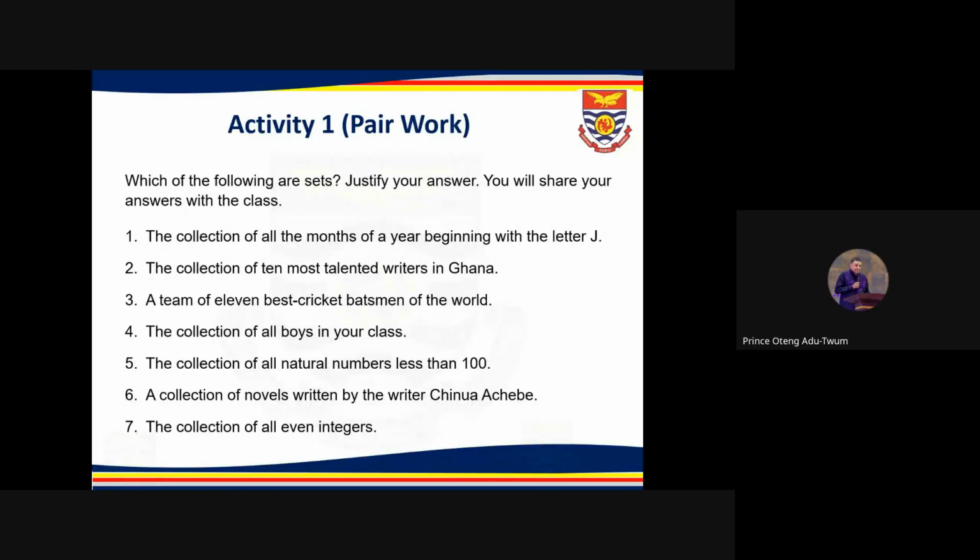Is it a set? Hey, can I speak? Yes. Okay, my name is Prince. Number 2 is also a set because they said a collection of 10. That means that among the talented writers, they've selected 10. So 10 is a defined number of members. So I also consider that one as a set.